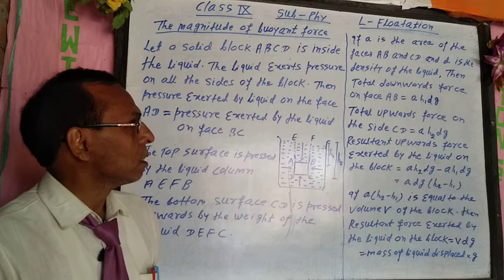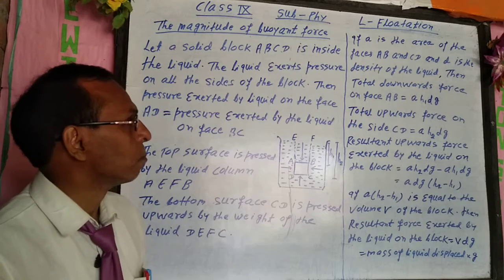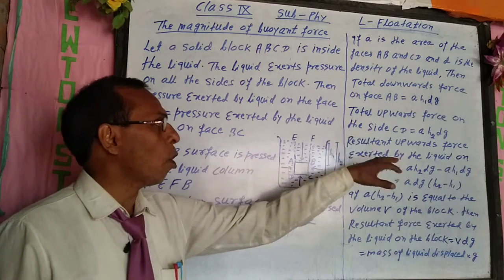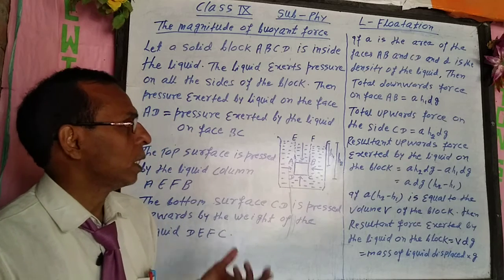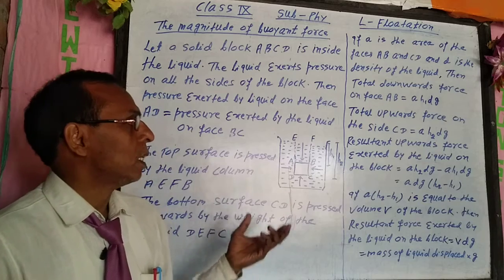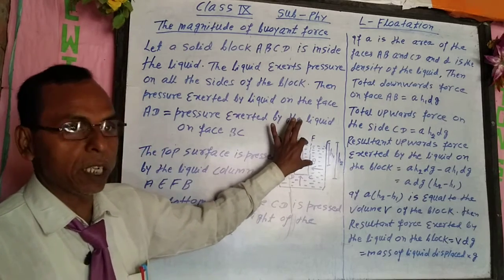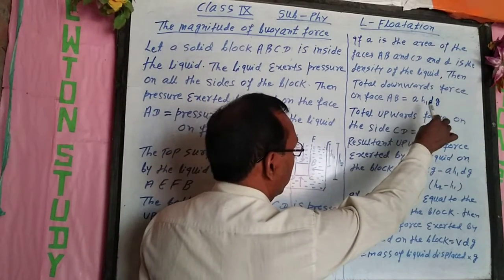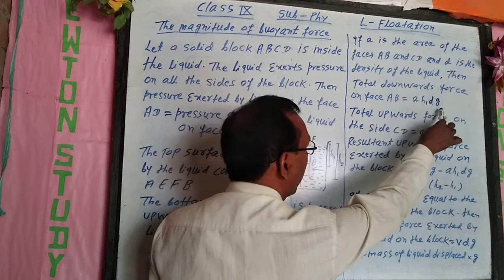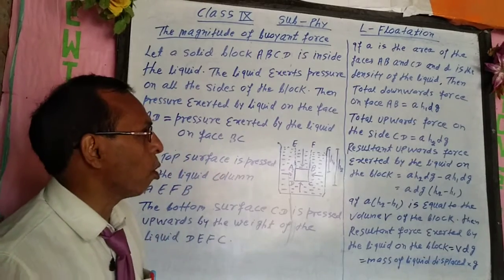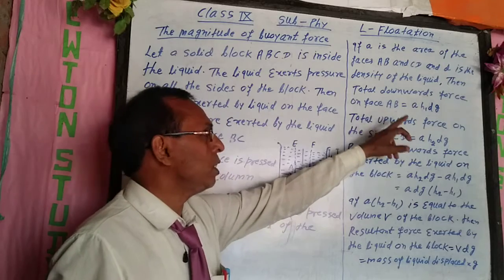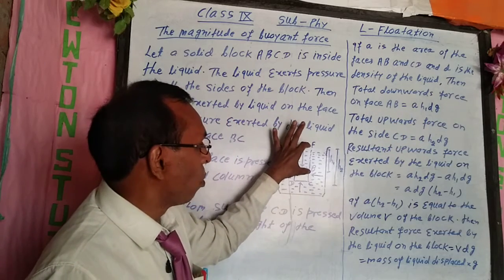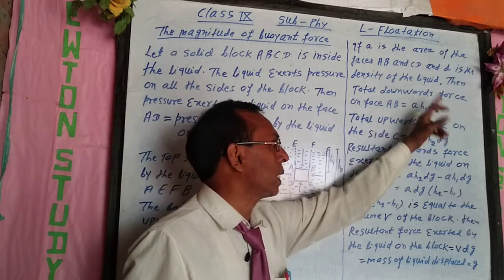Then the total downward force on face AB is equal to the area of the block into the height of the liquid into the density of the liquid into gravity.